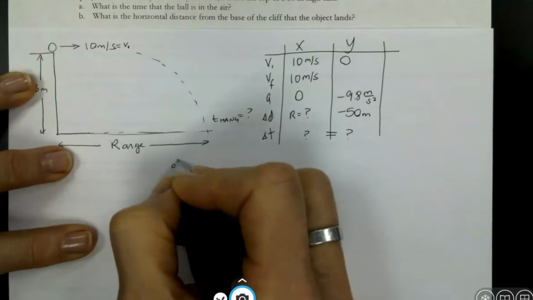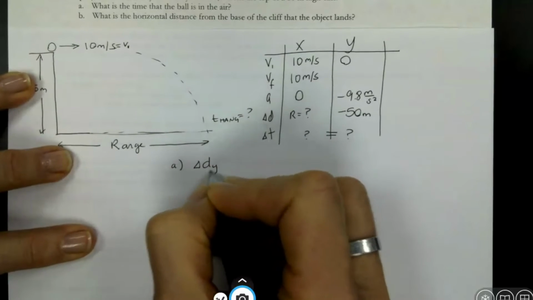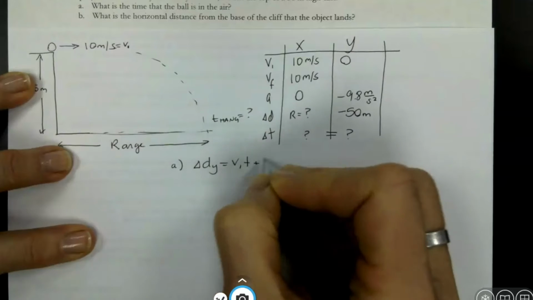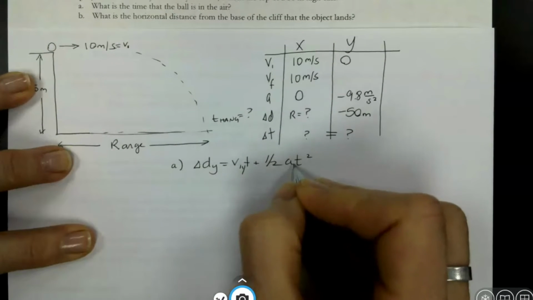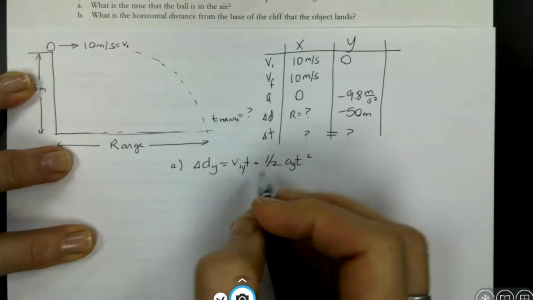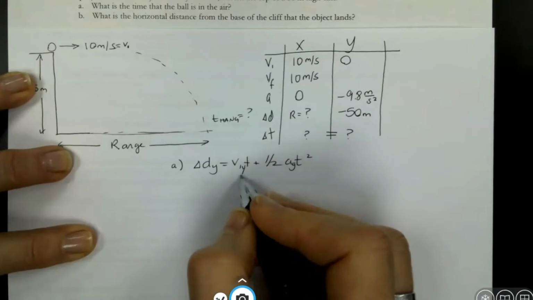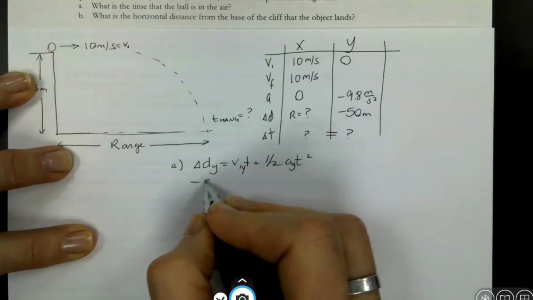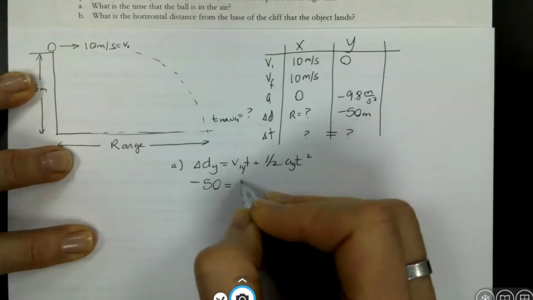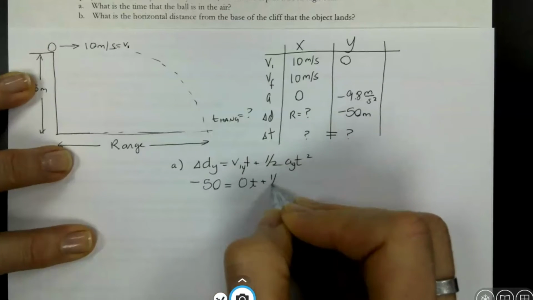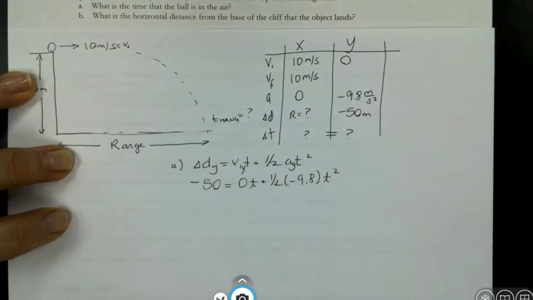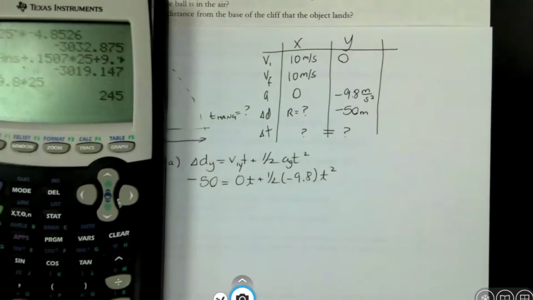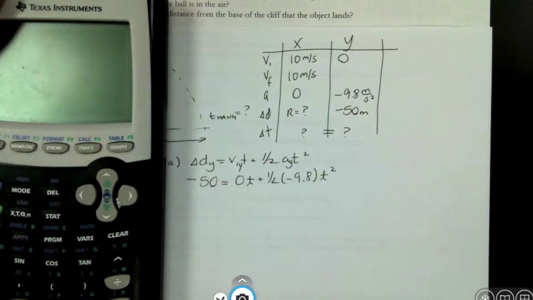So to find the hang time, we're going to do delta dy equals v initial y t plus 1/2 a t squared. All of these vectors are y components. I often don't write it, it's easy, but now all you've got to do is plug in the numbers you have. This is 0, this is negative 9.8, and now you're just doing your typical kinematics problem.